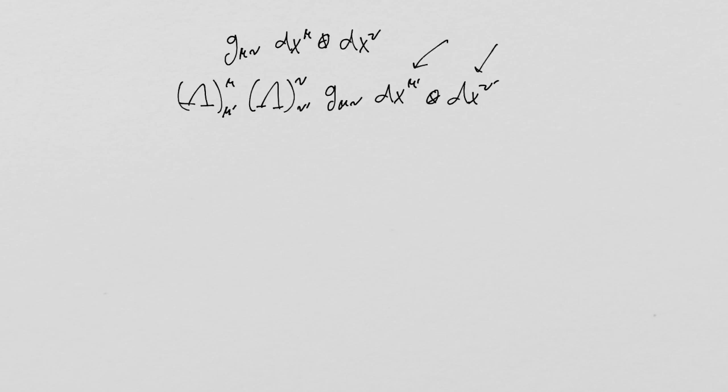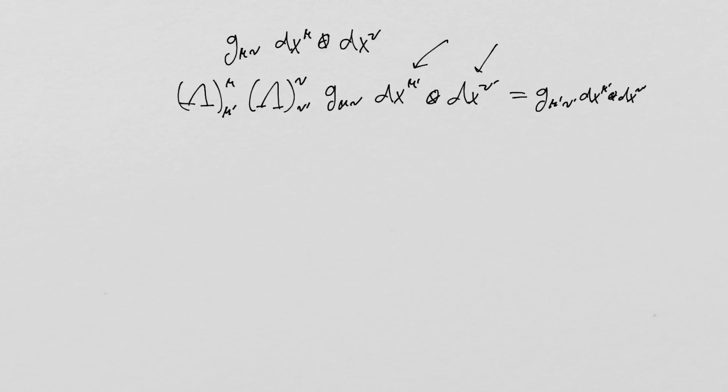So everything's still multiplied by 1. And that equals G mu prime nu prime dx mu prime dx nu prime.